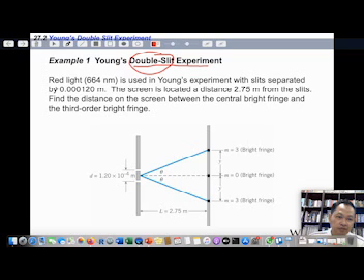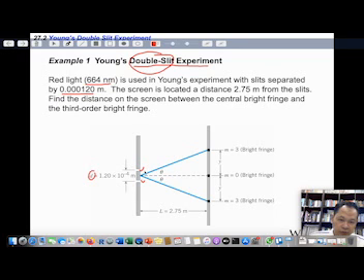If red light with 664 nanometer wavelength is used in Young's experiment with slits separated by d, you have this slit and this light, and in between you have d equal to 0.00012 meter, which means 1.2 like this.